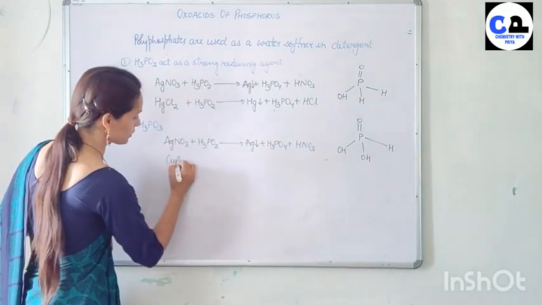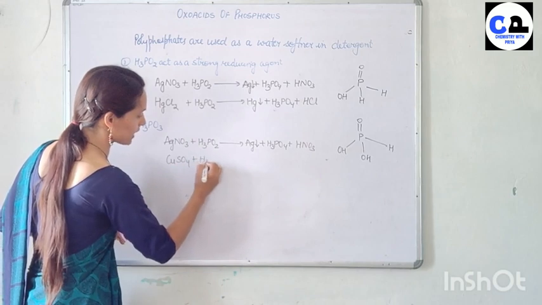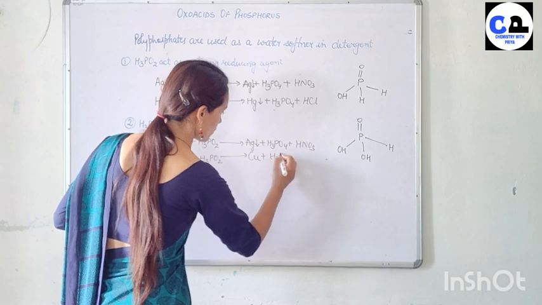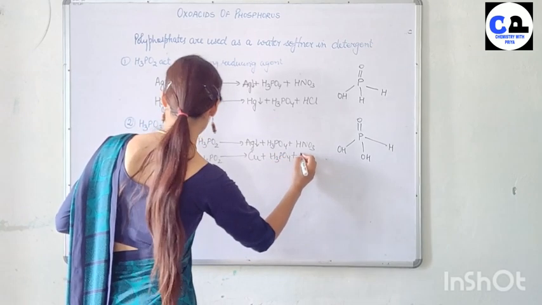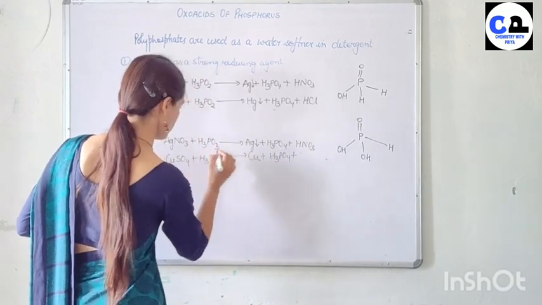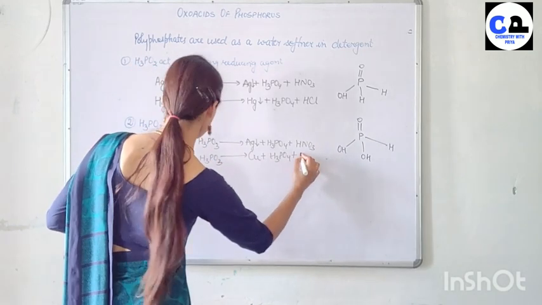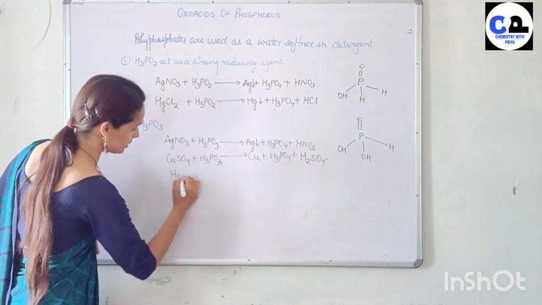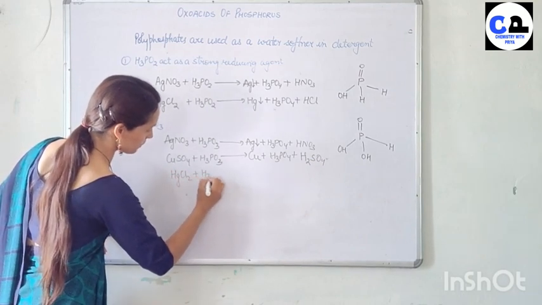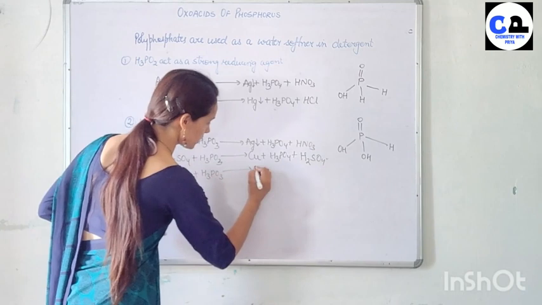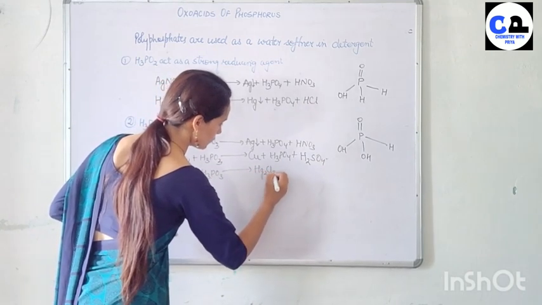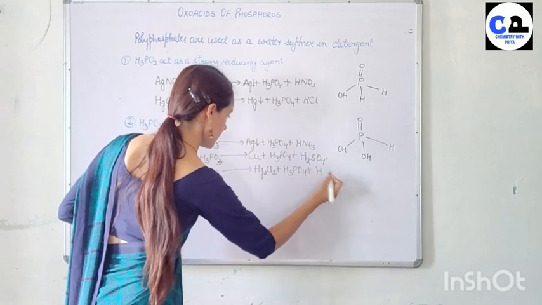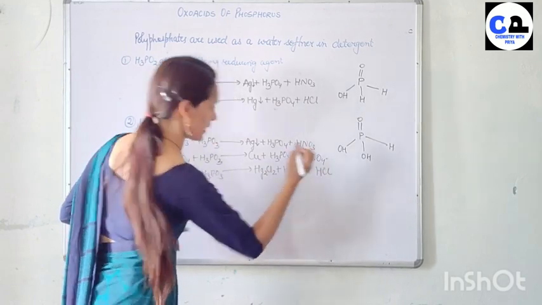Next, suppose CuSO4 reacts with H3PO2 to form Cu plus H3PO4 plus H2SO4. But if HgCl2 reacts with H3PO3, then it forms Hg2Cl2 plus H3PO4 plus HCl.